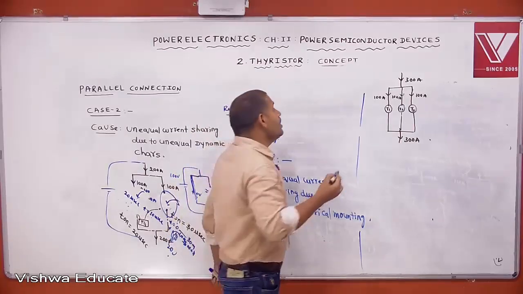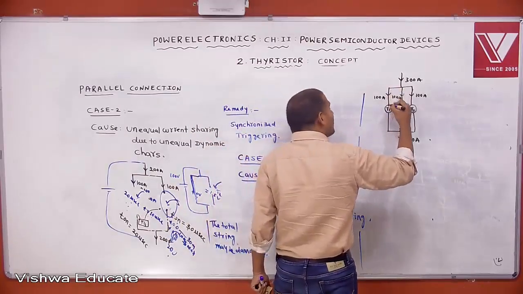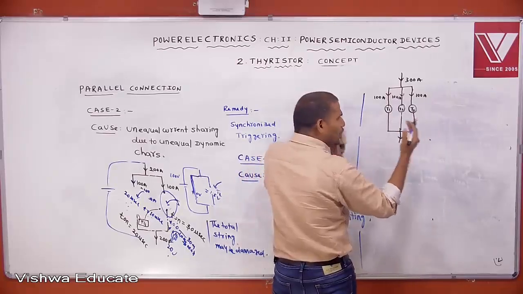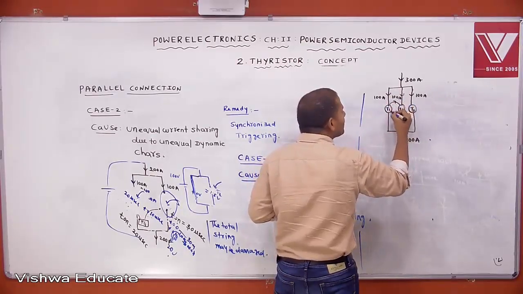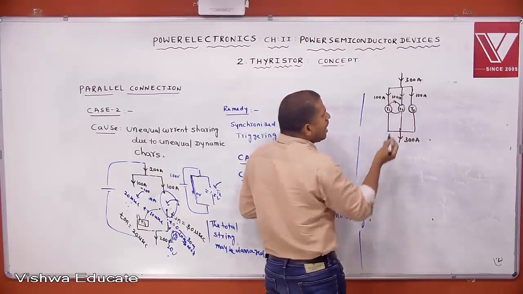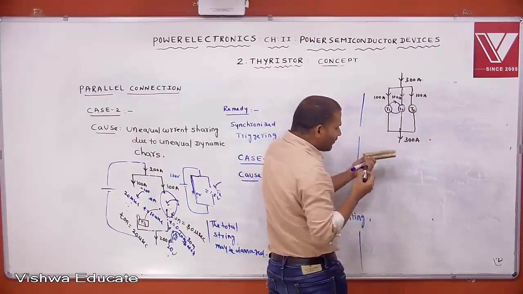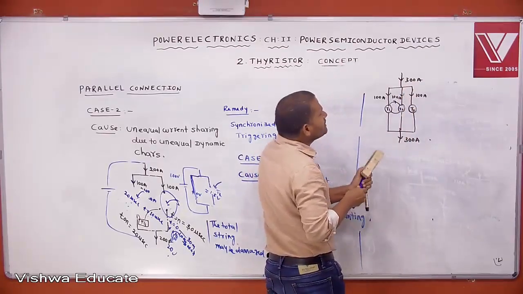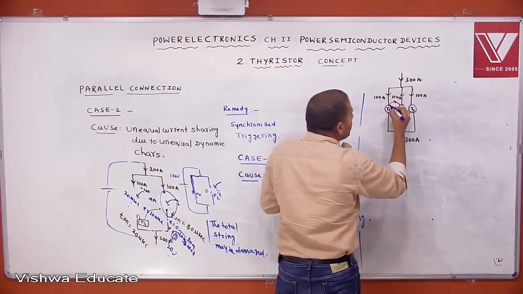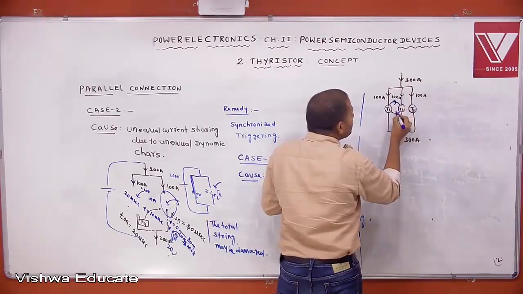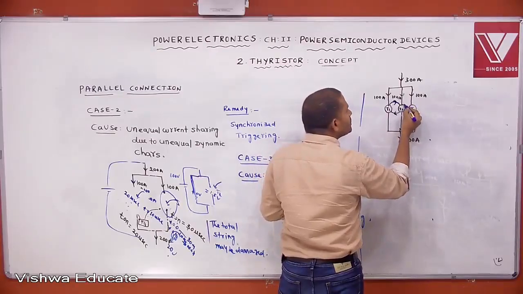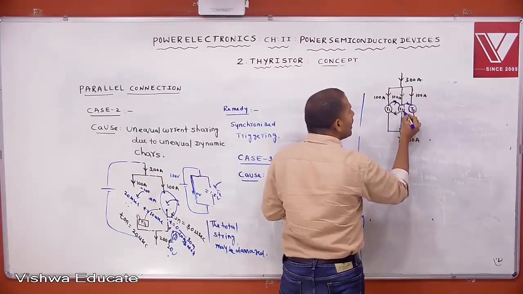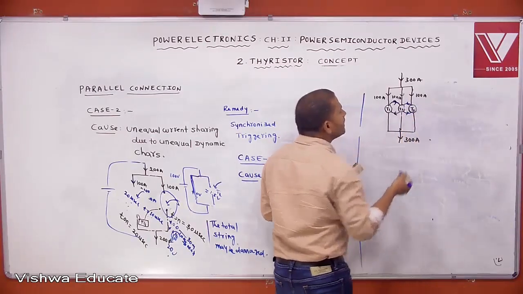Now, this conductor produces flux. Practically these are placed very close, so the flux produced by this conductor links with the neighboring conductor. This conductor also produces flux, and this one also produces flux, and each links with the others.